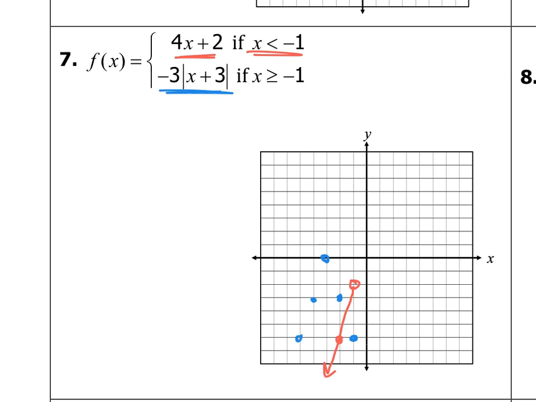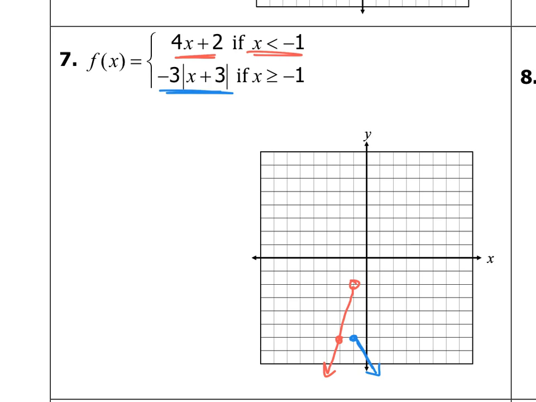But I don't need the majority of those. Really, all that I need is from that -1, and then everything that's greater than that, so to the right-hand side of that. So it is this part of the line that would go right here, and I can leave that as a closed dot because it included that -1 right there. And so it's everything from that point over to the right-hand side because it was greater than.